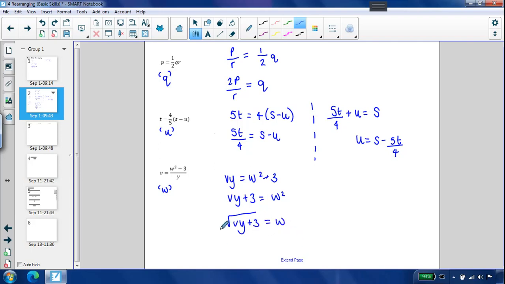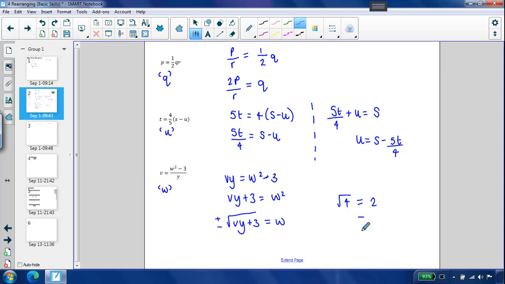Now I'm going to have to add a plus and a minus here to show that when I square root this expression, I'm going to have a positive and a negative answer. You may have seen that before, you may have not. If we look at a numerical example, say the square root of 4, most of you will be able to tell me that the square root of 4 is 2, because 2 multiplied by 2 is 4.